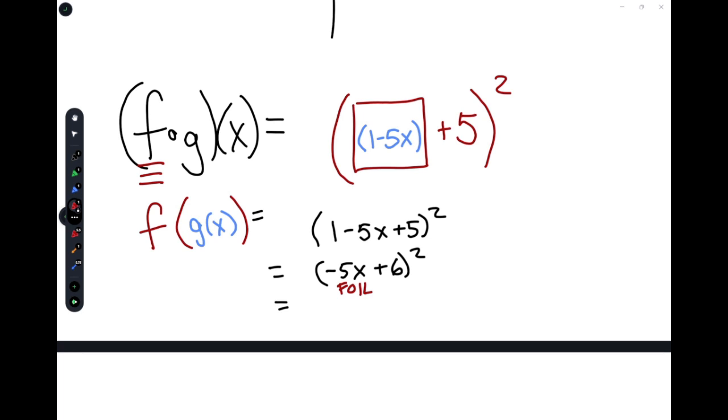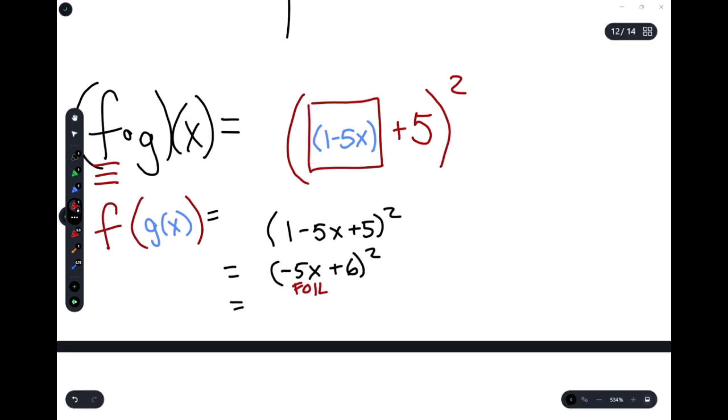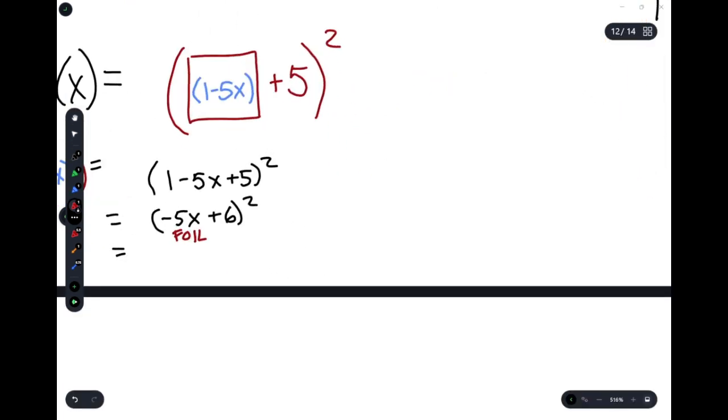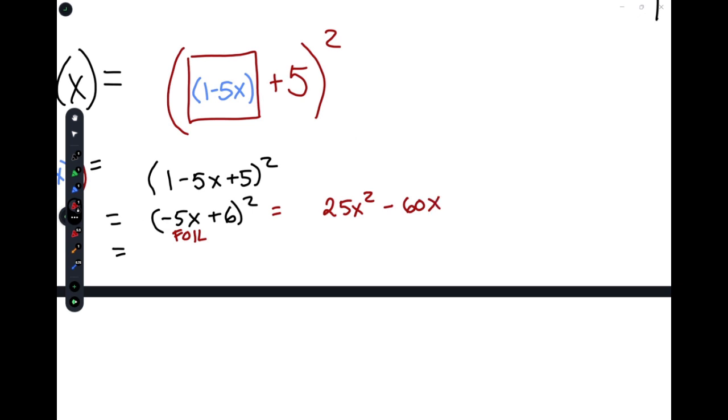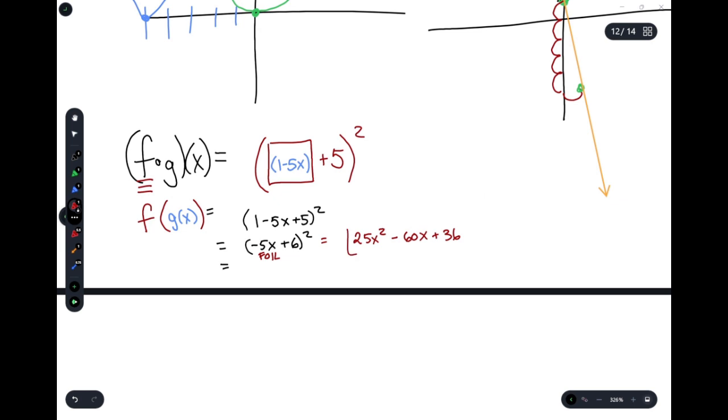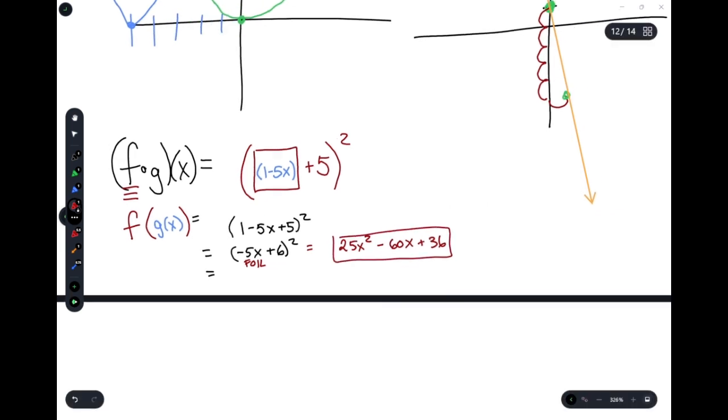Nope, it's not negative. I messed up the first term. 25x squared minus 60x plus 36. Is that okay? I think that's right. And then we're done. That's f of g of x.